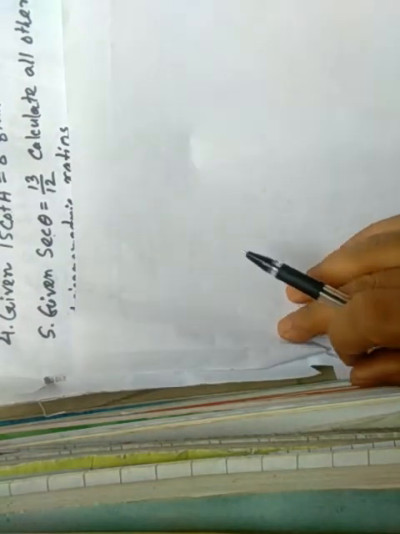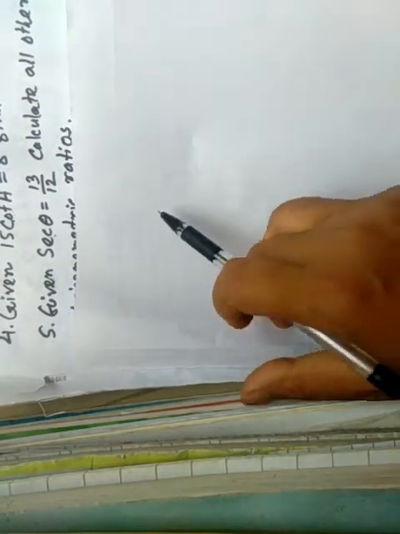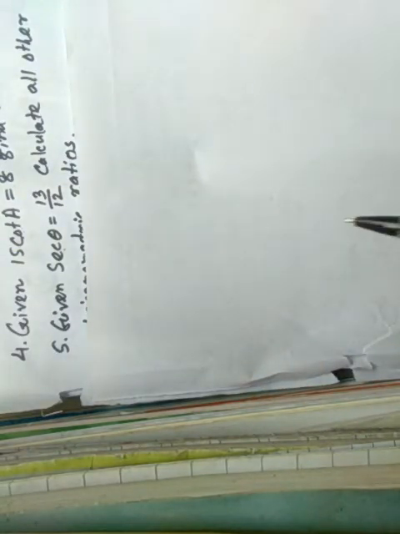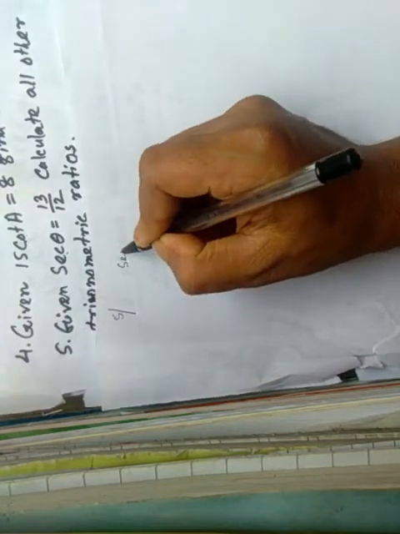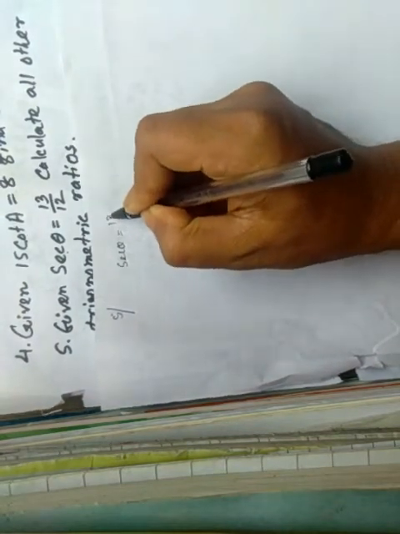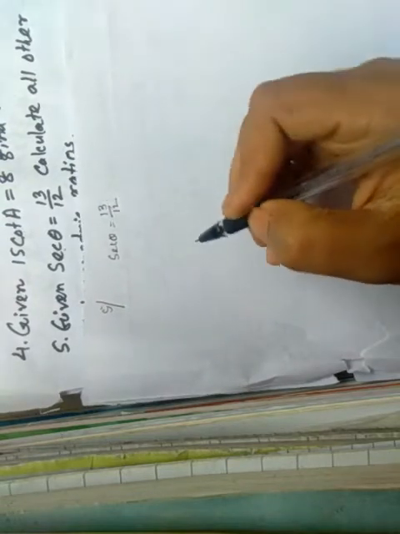Calculate all other trigonometric ratios. Same question, we should proceed in the same process. Although it is the same, I solve it because I skipped question number 4 also. Okay. Question 5. Given that sec theta equals 13 by 12.